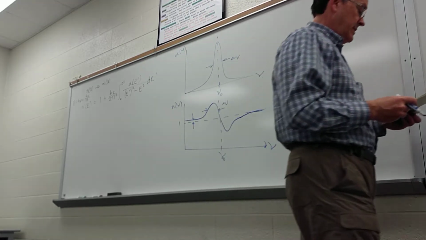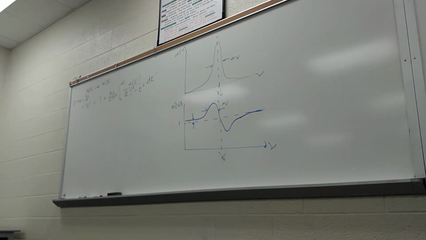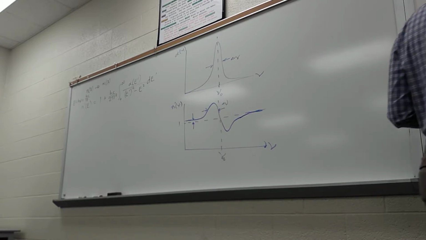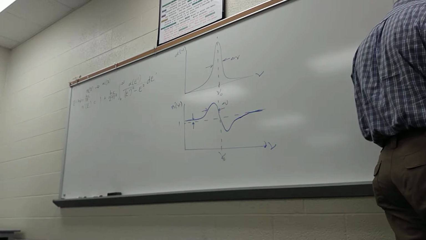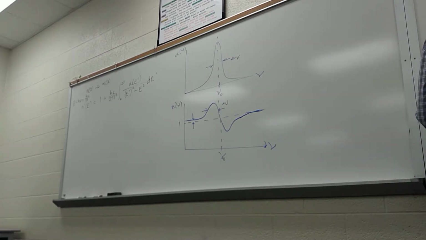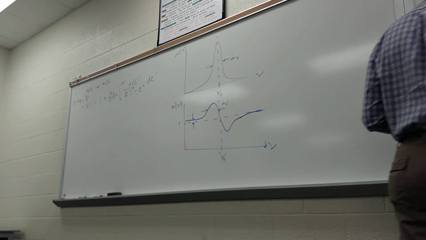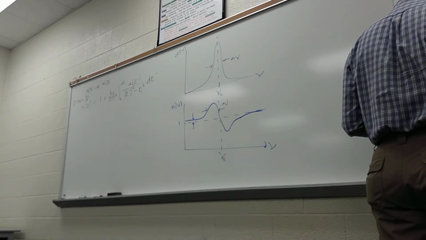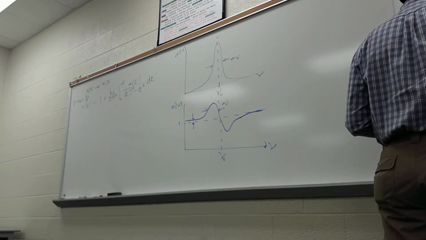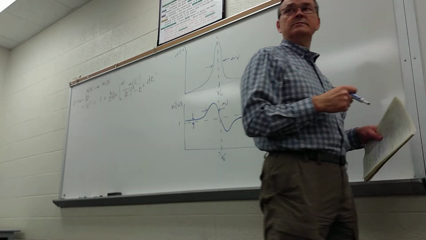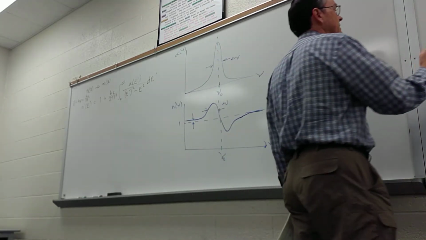Let's say that we have something over here in the UV that looks like this, and then over here something in the infrared that does this, and then over here something in the centimeter wave region, and the absorption does something like that.